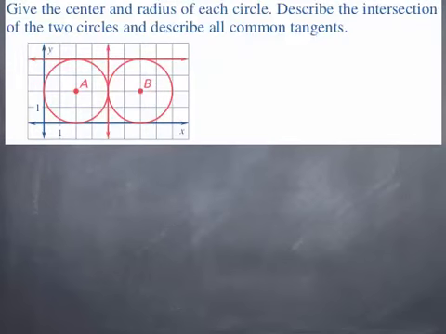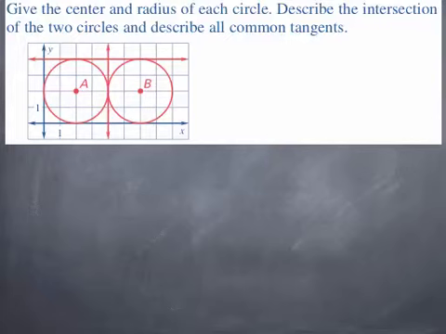This next example says, give the center and radius of each circle, describe the intersection of the two circles, and describe all common tangents. First thing they ask us to do is give the center and radius of each circle. If we look at circle A first, you can name a circle based on the center.